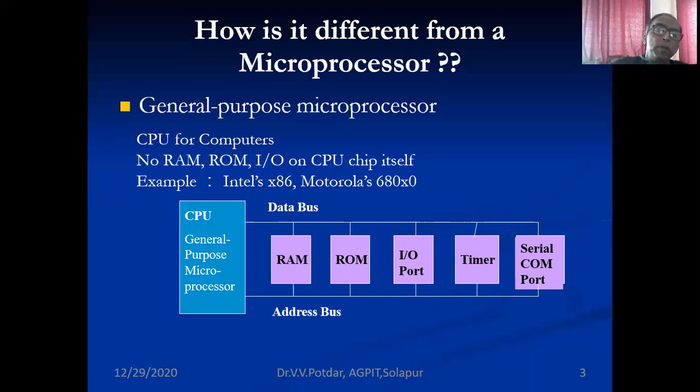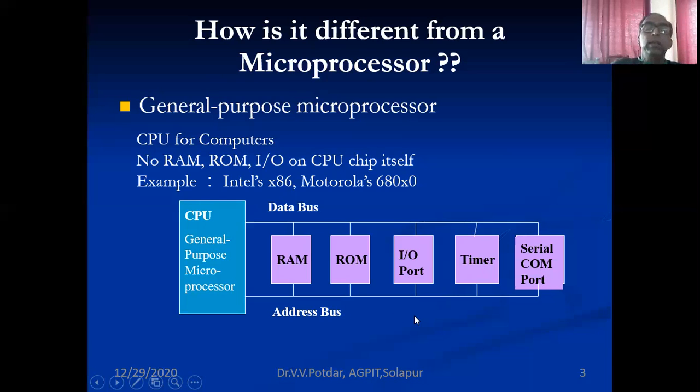In a general purpose microprocessor, we have a central processing unit, a separate data bus, and a separate address bus, and all the peripherals need to be attached separately: RAM, ROM, input-output port, timer, and serial communication port.